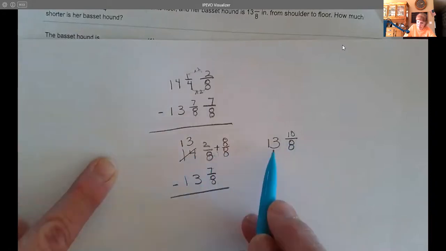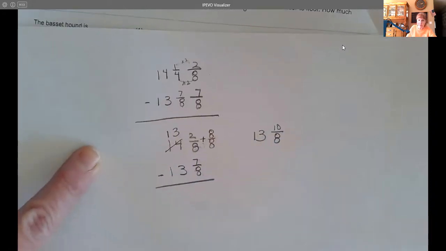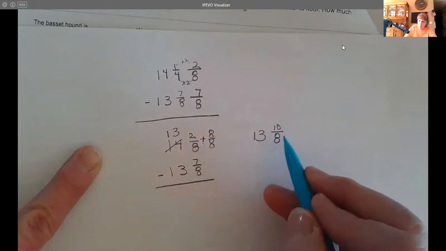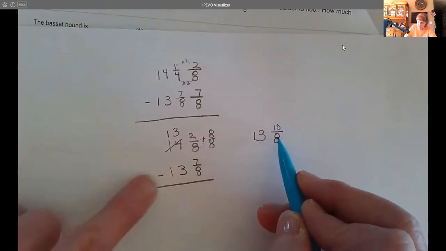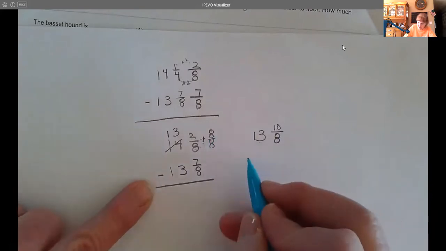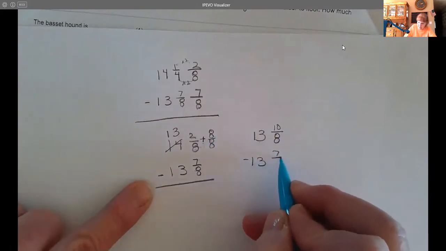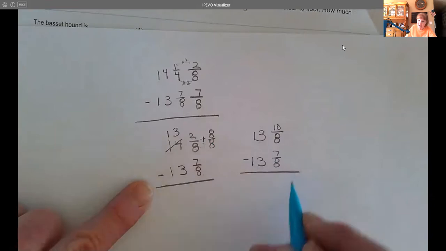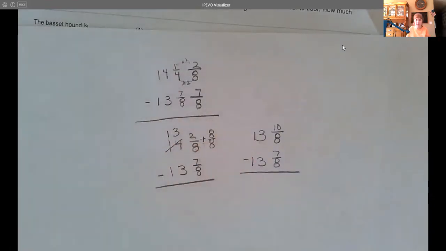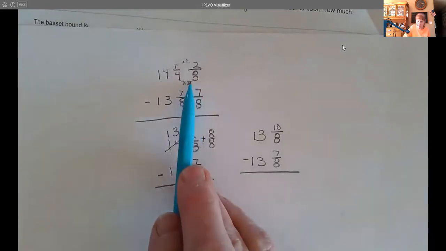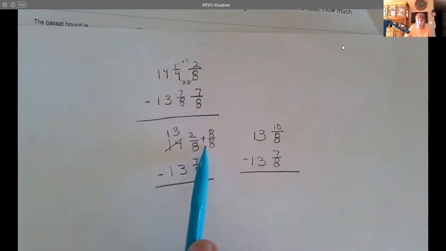So rather than the 14, I have 13. Okay, the 1 is now embedded here. I added it as 8/8 minus 13 7/8. I just keep copying it over because otherwise there's too many numbers. It looks too confusing. Got a common denominator, borrowed.